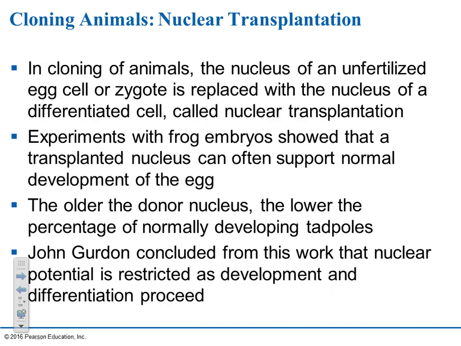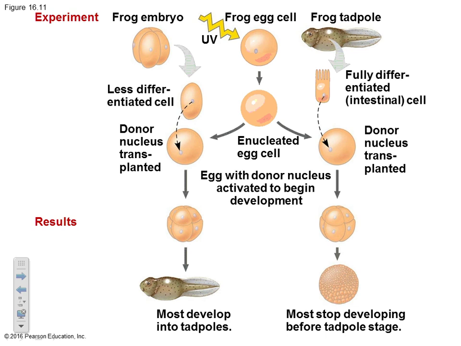Two guys, Gurdon and another, experimented with eggs. If you take the egg cell of a frog, we're going to zap it with UV light to take out the nucleus, essentially. We have an egg with no nucleus that, if we put in a nucleus, will develop. Two ways you can do this.